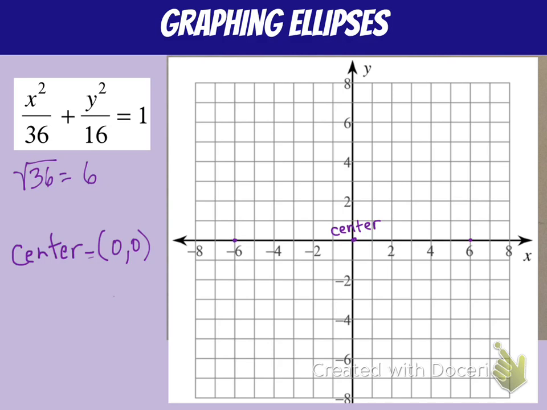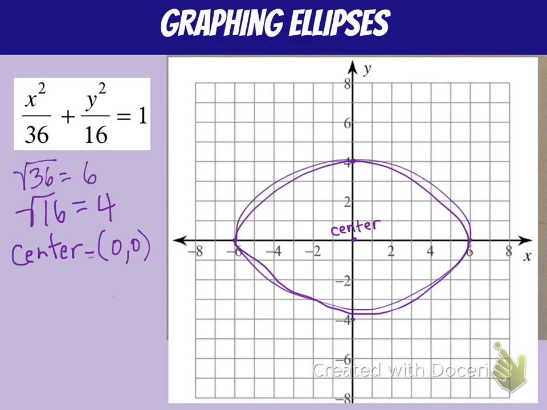Now, we'll take the square root of 16, and this time we're following along the y with this magical number of 4. So again, I'm going to move up 4, put a dot, and down 4 and put a dot. And then I'm just going to sketch it in. Something like that. All right, so there's my ellipse.